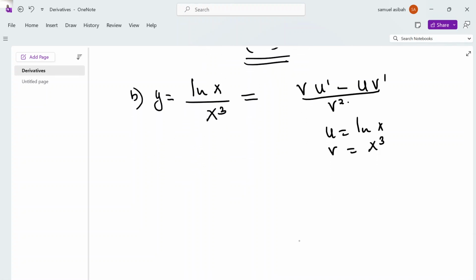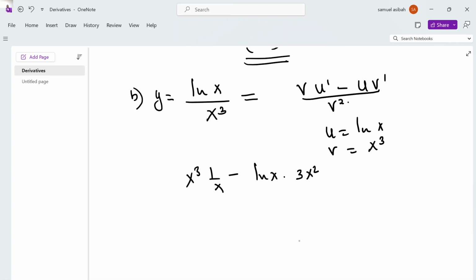Okay, then you just apply your formula. So what is your v? Your v is x cubed, multiplied by the derivative of the natural log of x, which we said is 1 over x. And then subtract u, which is natural log of x, multiplied by the derivative of v, which is 3x squared.